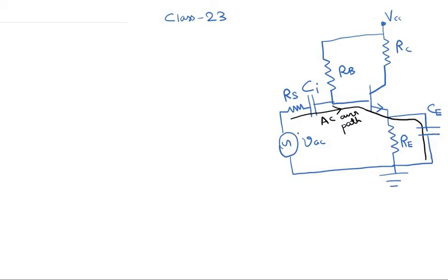Okay, so that is why the AC current would not flow through this resistor RE, because it sees a short circuited path through this capacitor Ce. Ce acts as a short circuit to the AC current. Similarly, Ci also acts as a short circuit to the AC current.